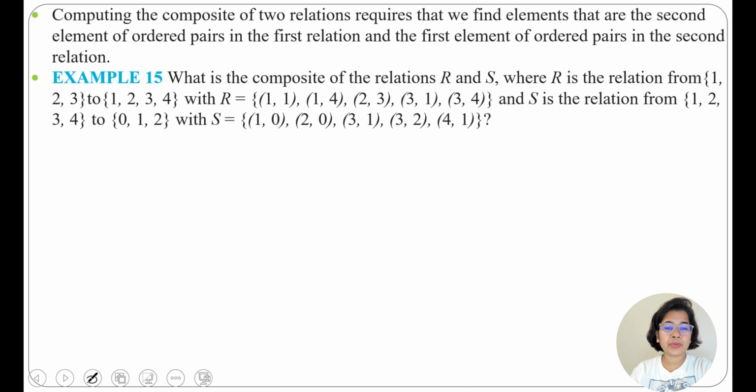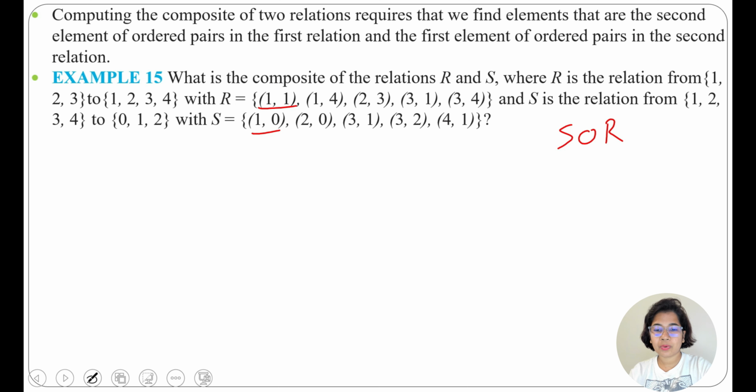What is the composite of relations R and S, where R is the relation from {1, 2, 3} to {1, 3, 4}, so R contains (1,1), (1,4), (2,3), (3,1), (3,4), and S is the relation from {1, 3, 4} to {0, 1, 2}, with S equal to (1,0), (2,0), (3,1), (3,2), (4,1). Now we need to find S∘R. In R, (1,1) is present, in S, (1,0) is present.